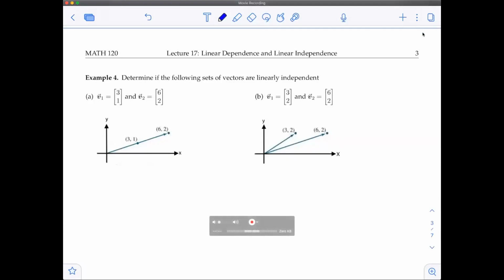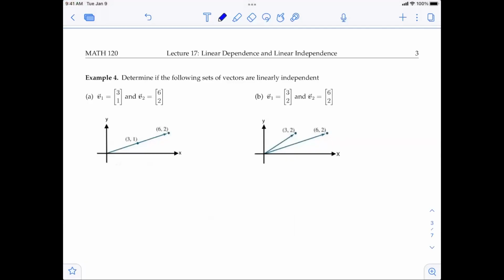So in the next example, we're going to look at the idea of a linearly independent or linearly dependent set in terms of graphs. All right. So in part A, you have 2 vectors, v1 equal to 3, 1, and v2 equal to 6, 2. And as you can see, the vector v2 is twice the length of vector v1, right? So in a way, v2 is equal to 2v1.